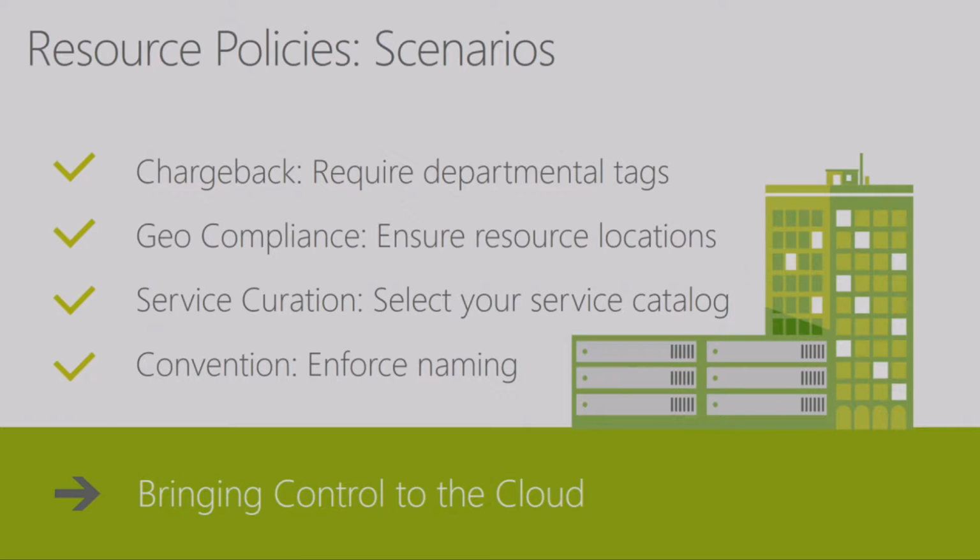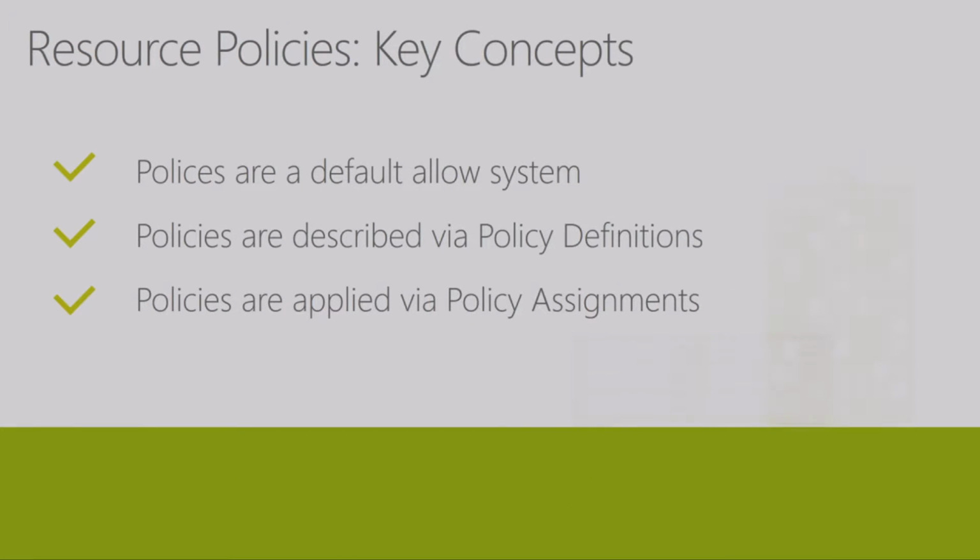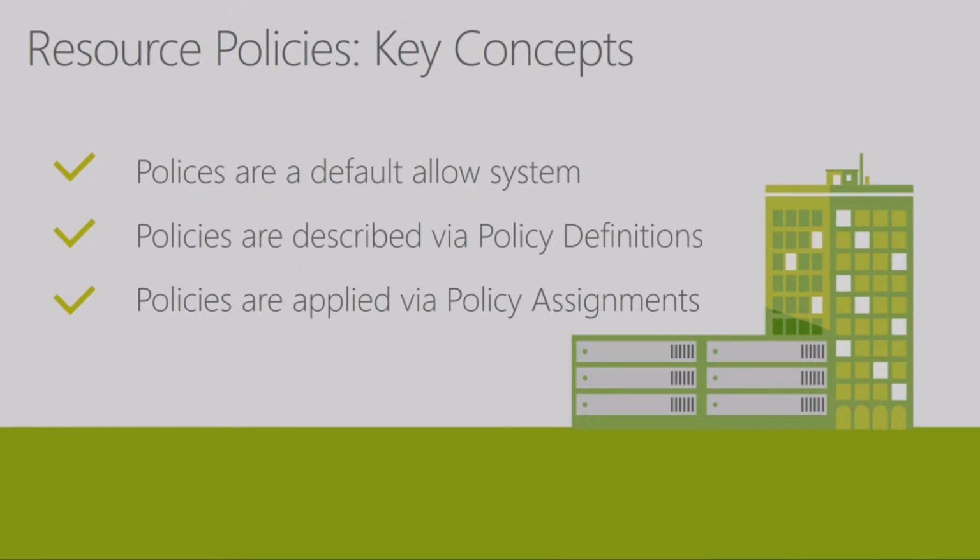Resource policies allow you to restrict the acceptable set of goal states for resources. Now, there are a couple key concepts that we should talk about. Policies are a default allow system. So you define your policy violations that will be denied, audited, or appended and remediated.